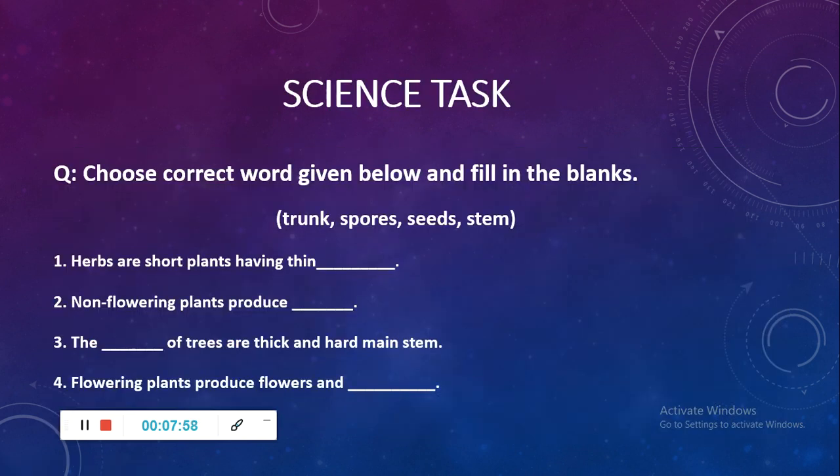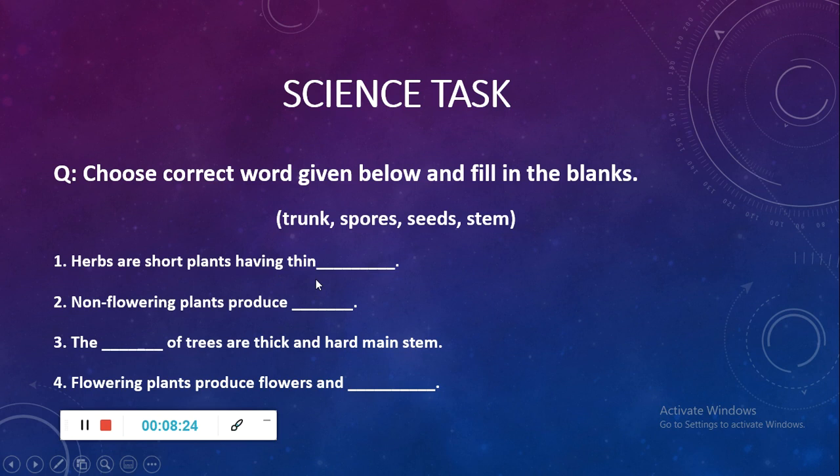So this is your science task of the week. You have to choose the correct word and fill in the blank. You can choose from these 4 words, and you have to do this work on loose sheets. The first blank is: herbs are short plants having thin dash. You have to fill it out by yourself.